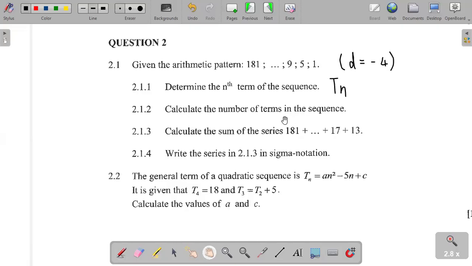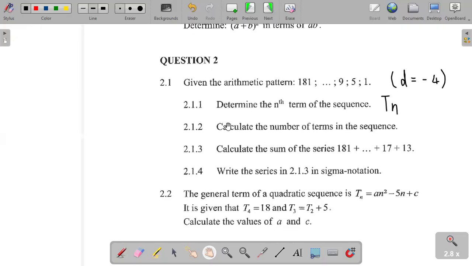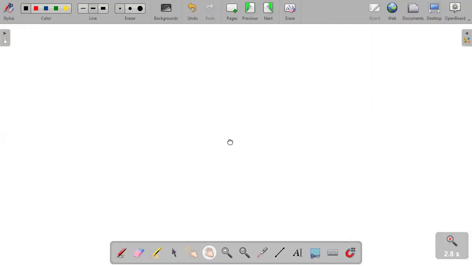Calculate the number of terms in the sequence. So we want the number of terms. So we must look at the last term, okay? The last term here, which is 1, okay?